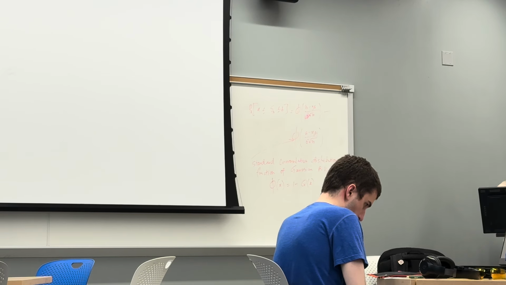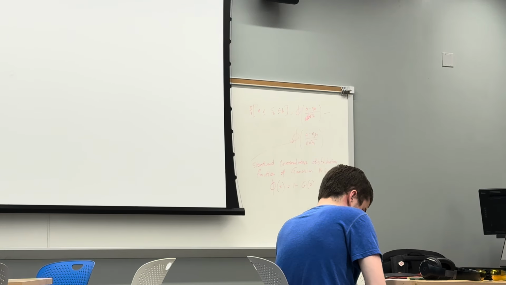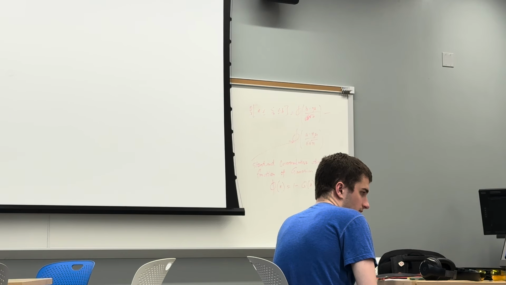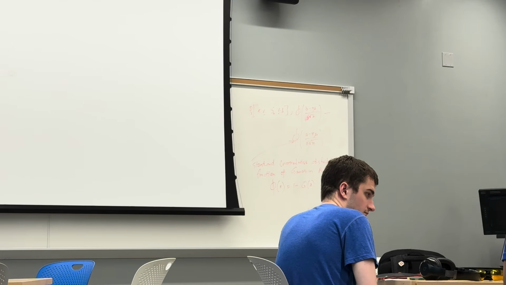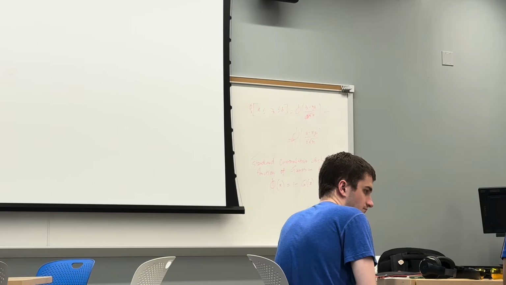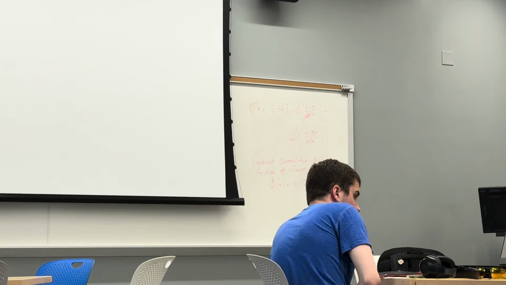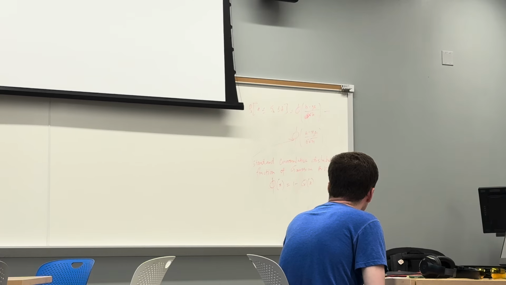So we have one example, example 7.11. Let's go through this example. Suppose that orders at a restaurant are IID random variables with mean mu equals 8 and standard deviation sigma equals 2.